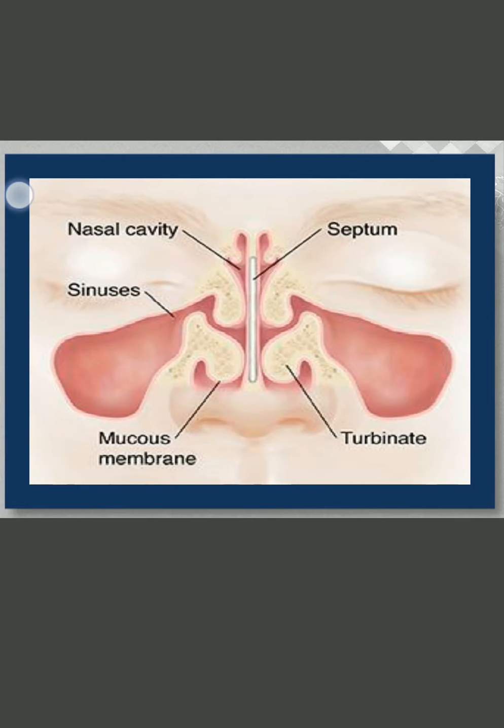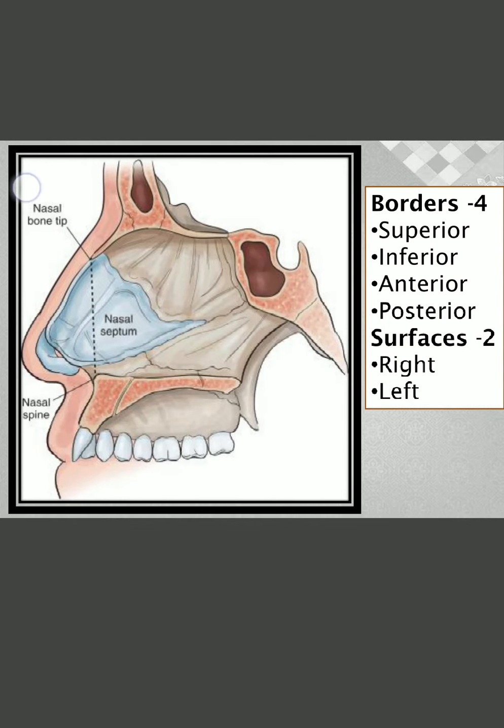Here in this figure, this is the median partition between two nasal cavities and it forms the medial wall of the respective nasal cavity. This here is the nasal septum. So you can see this is the cartilaginous part of the nasal septum and this is the bony part of the nasal septum.